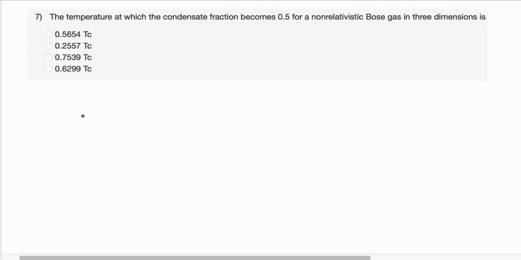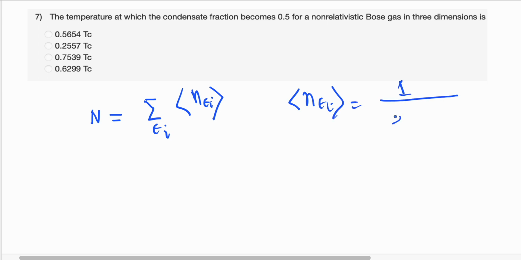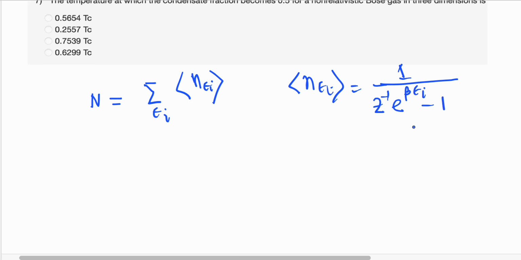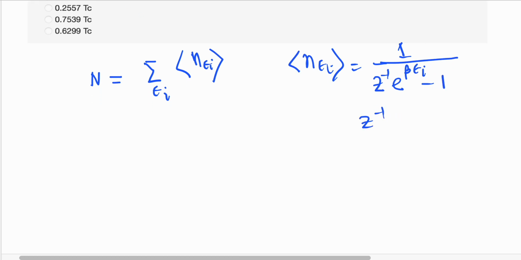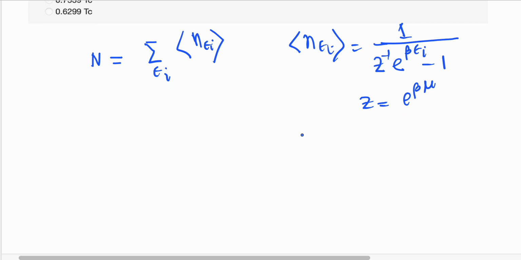As we know, for a Bose gas, the total number of particles is the summation over states of the average number of particles present in each state, which is 1 by e to the power beta psi z inverse minus 1, where z inverse is nothing but e to the power minus beta mu, the fugacity.